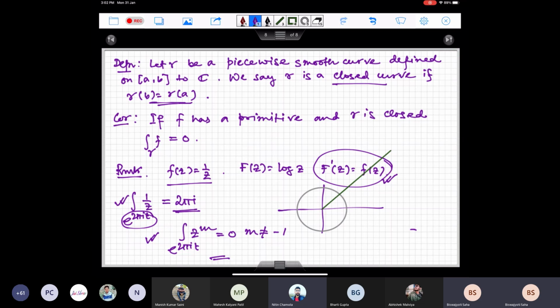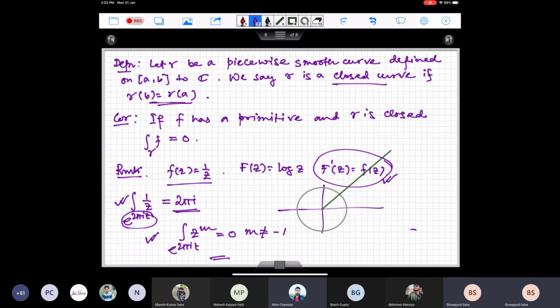Here you see that if I have a function which has a primitive, then if I take the integral over a closed curve, the integration is going to be equal to 0.